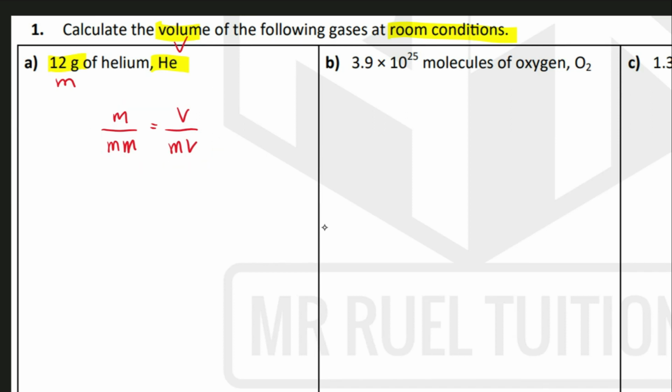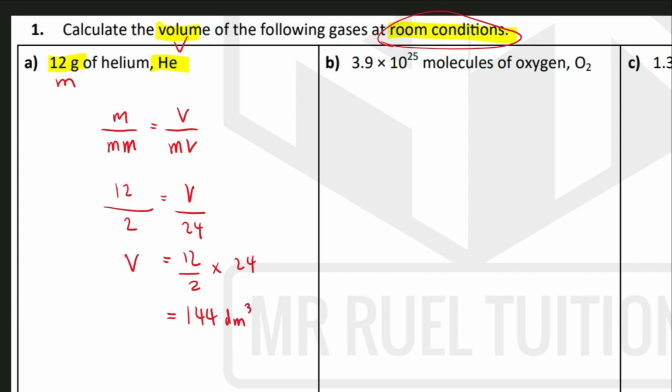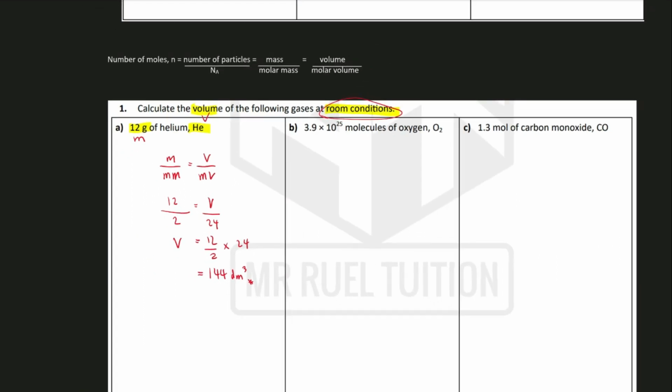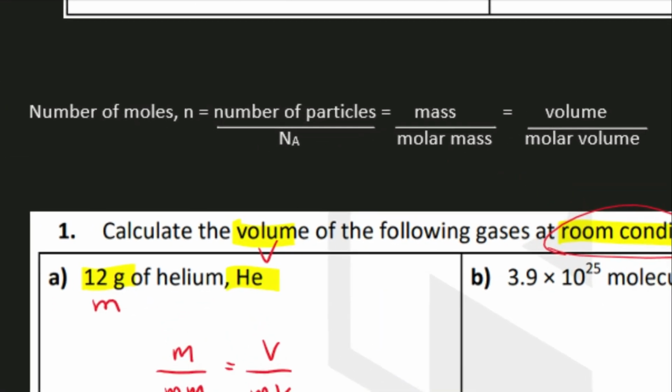Mass of helium is 12, molar mass of helium is 2. This would be given to you, it's the relative mass. And the volume is what we want to find over the molar volume. Since this is room conditions, molar volume is 24. And so the volume will simply be 12 over 2 times 24, which is 144 dm cube. Now you can see how everything ties in together. This is the mole, the glue in chemistry calculations.